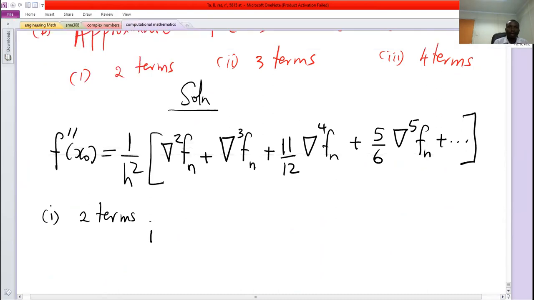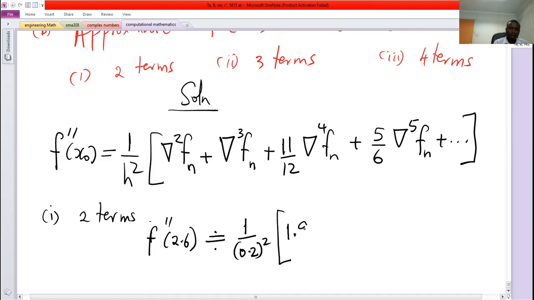So we'll have f double prime at 2.6 will be approximately equals to 1 over 0.2 squared into this second backward of fn is given by 1.9490.